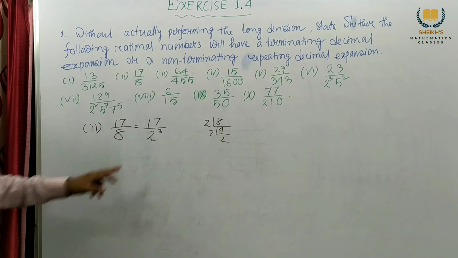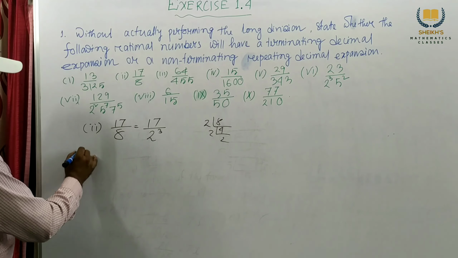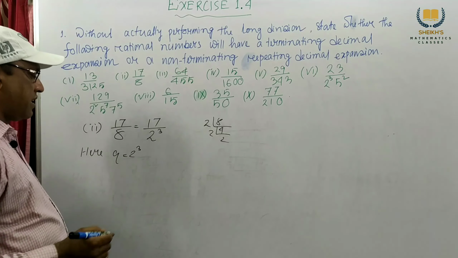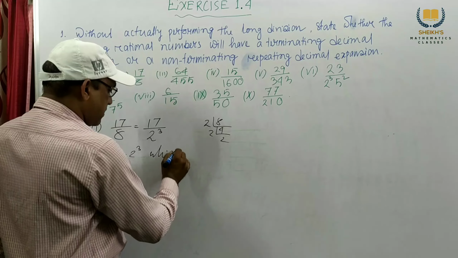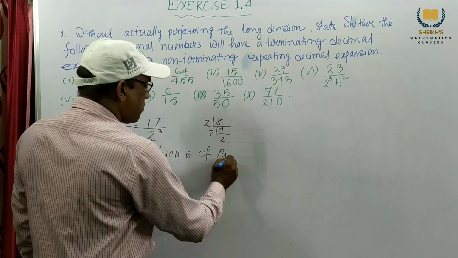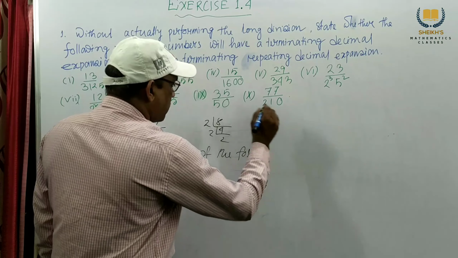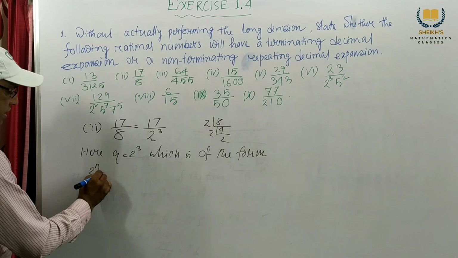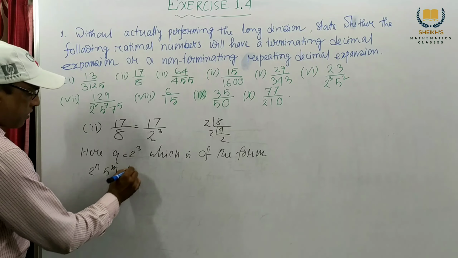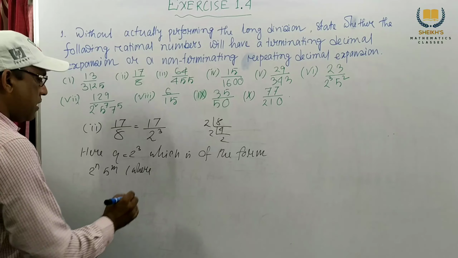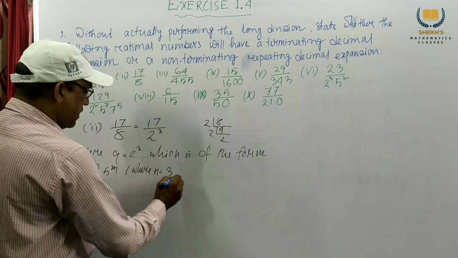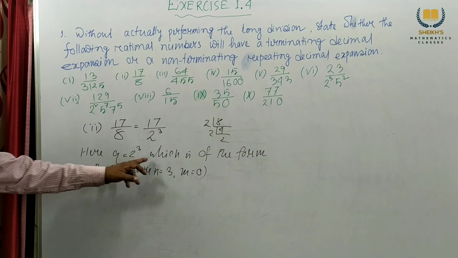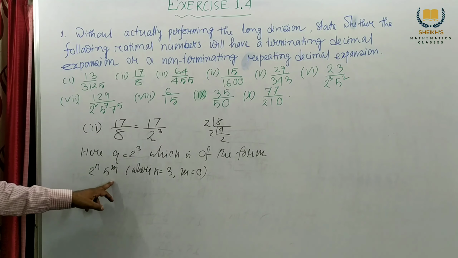So here q equals 2 to the power 3, which is of the form 2 to the power n and 5 to the power m, where n equals 3 and m equals 0.